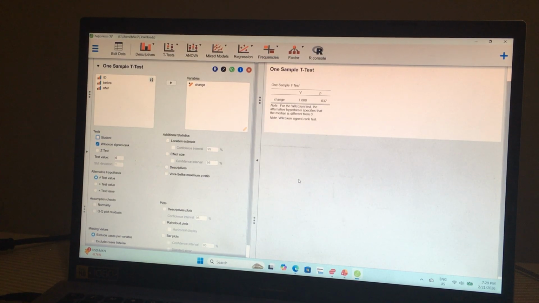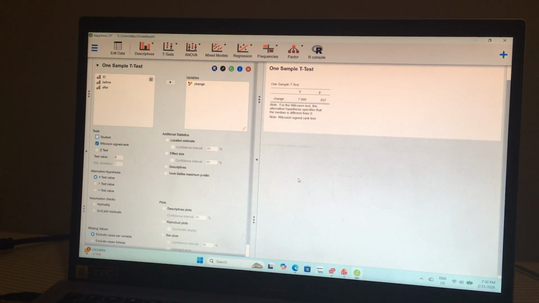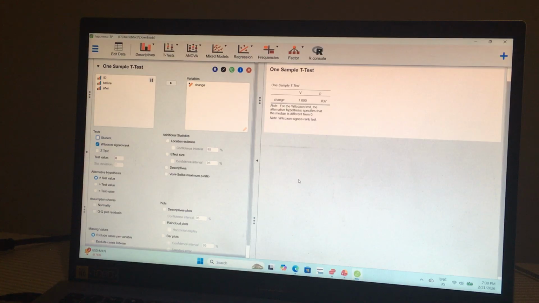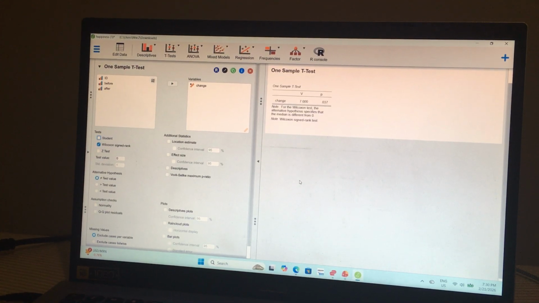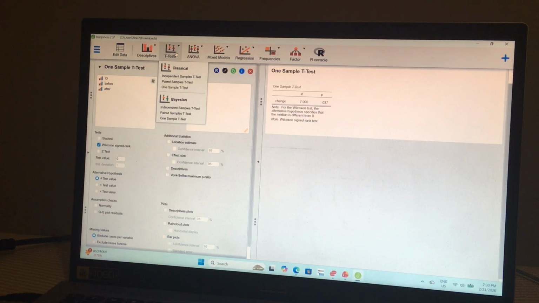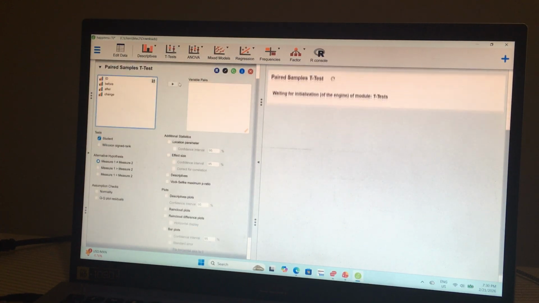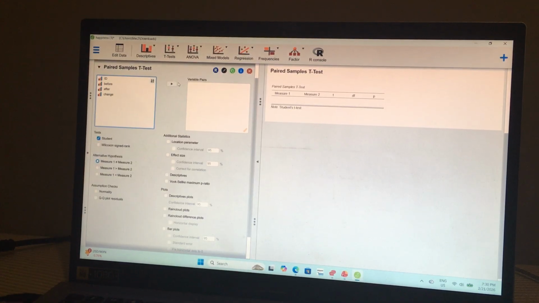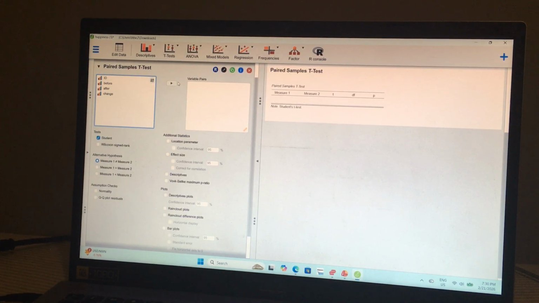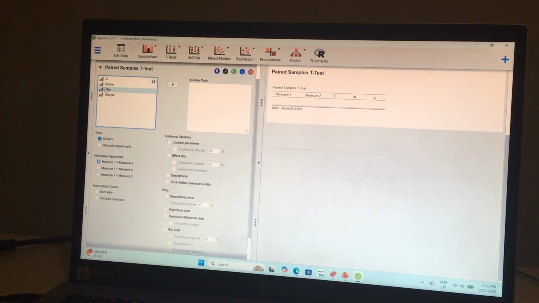Then we're going to also run this as a paired sample means test. So we're going to run one more plot under t-test, and we're going to choose the paired sample t-test, okay? And this is where we do the after and before, in that order.